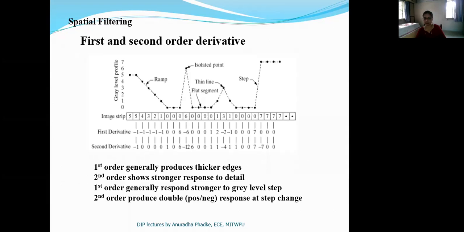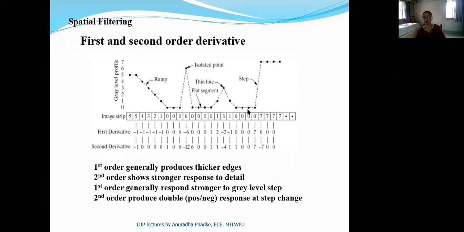In case of images, whenever there are spatial transitions, these are treated as high frequency components in the image. And as observed here, for these transitions, your first derivative and second derivative operations give you greater response. And for very fine details like a thin line and an isolated point, the second order derivative is useful.